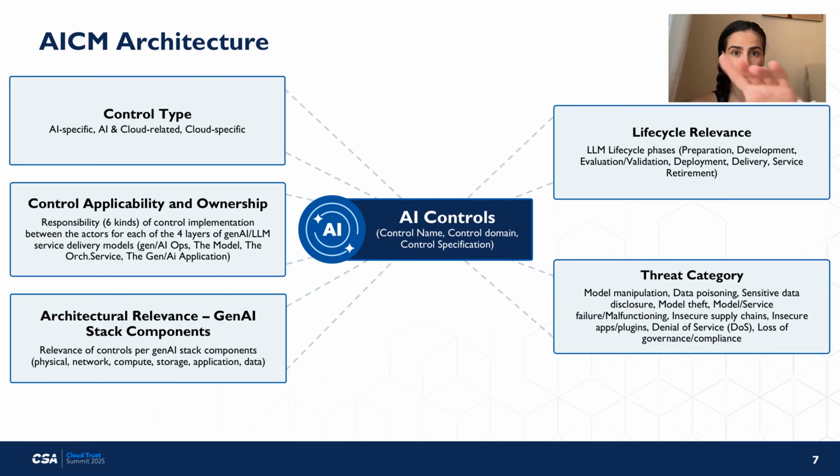But then going clockwise, we introduce the control type, the control applicability and ownership, the architectural relevance that they have in the Gen AI stack components, the lifecycle relevance that they have in the LLM lifecycle, and the threat categories that they mitigate.